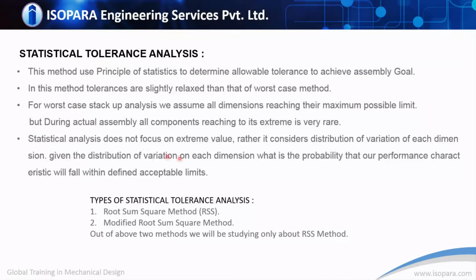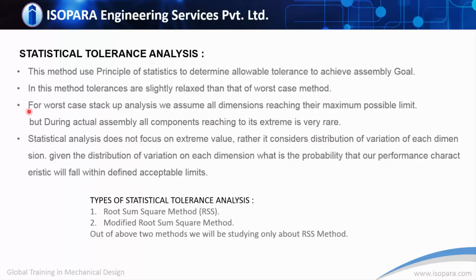Now we will study statistical tolerance analysis. This method utilizes the principle of statistics to determine allowable tolerance at assembly level. In this method, the output gap tolerance we get is slightly relaxed compared to that of the worst case method.